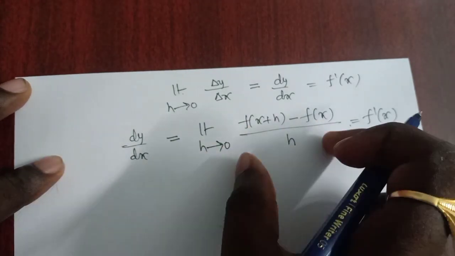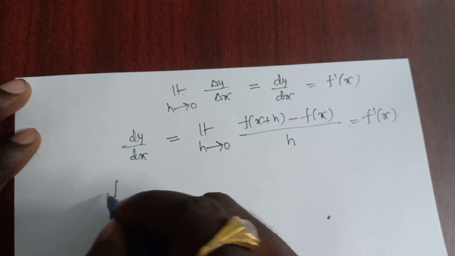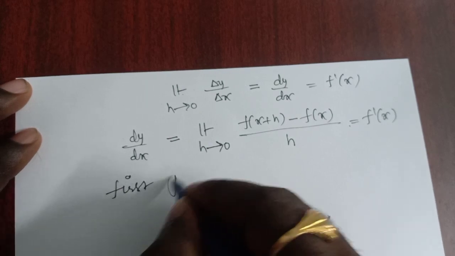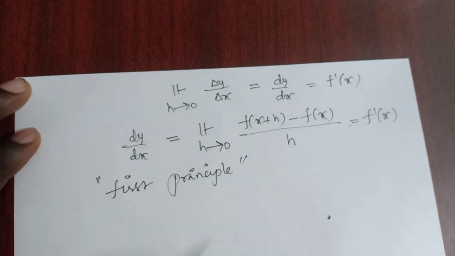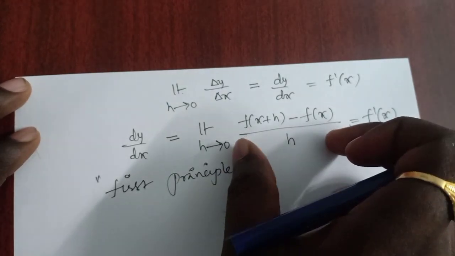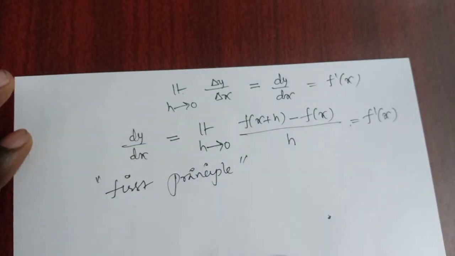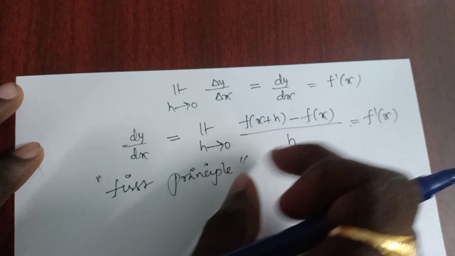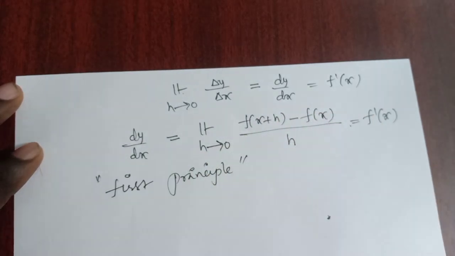So this is nothing but the first principle of differentiation. By using this formula, you can easily find whatever formula in differentiation you want. So this is the major one: limit h tends to 0, f of x plus h minus f of x by h.